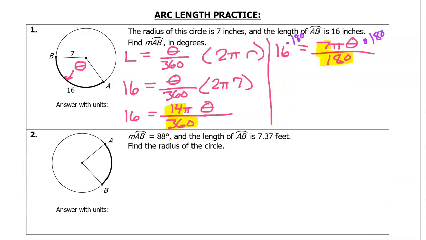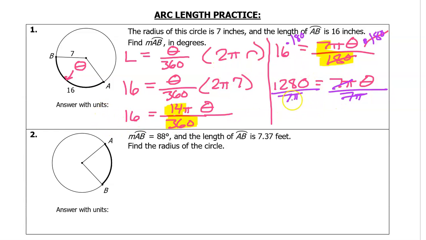So I've got 2,880 is equal to 7 pi theta. The 180s just cancel each other out. I'm trying to get theta by itself, and I'm at the end of the problem because all I need to do now is divide both sides by 7 pi. That will get theta by itself.